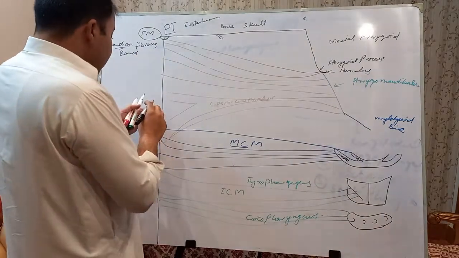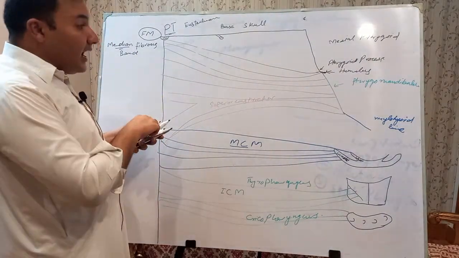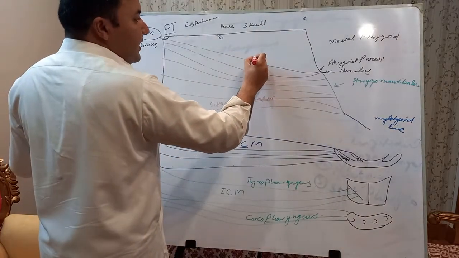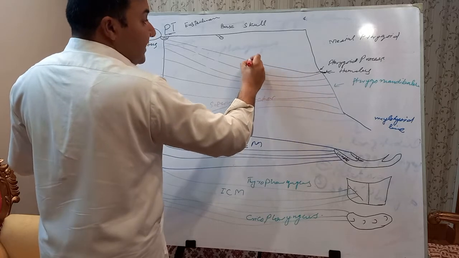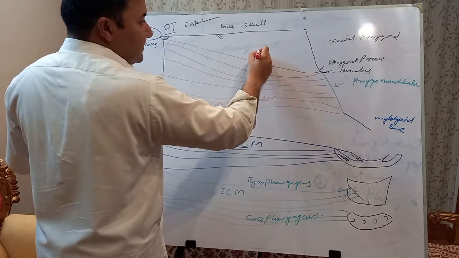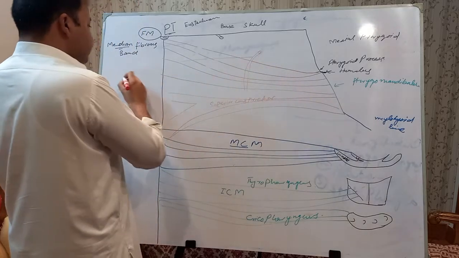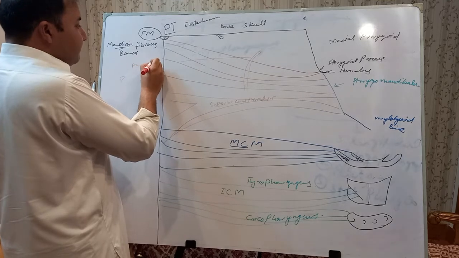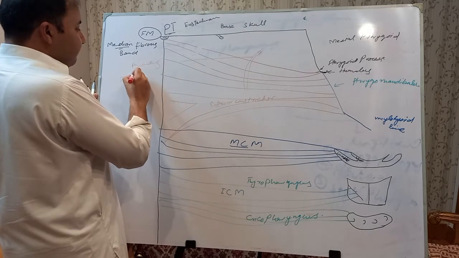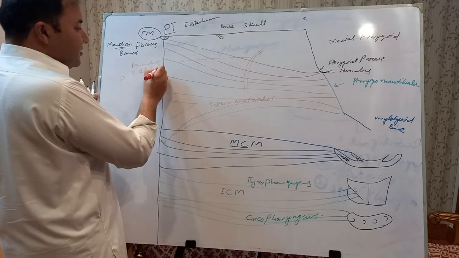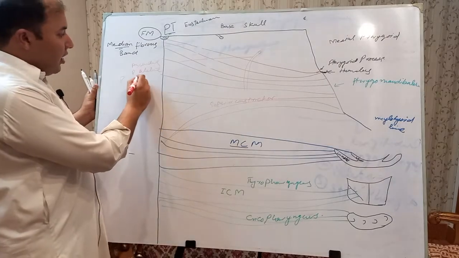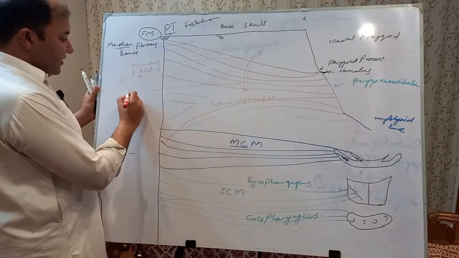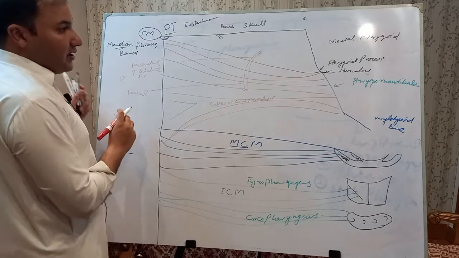Now we have an important artery here. That artery is called the ascending palatine artery, which is a branch of the facial artery. This is the facial artery.